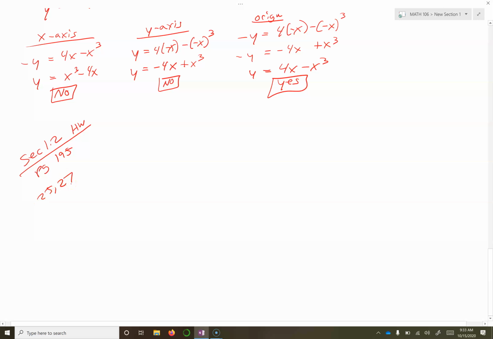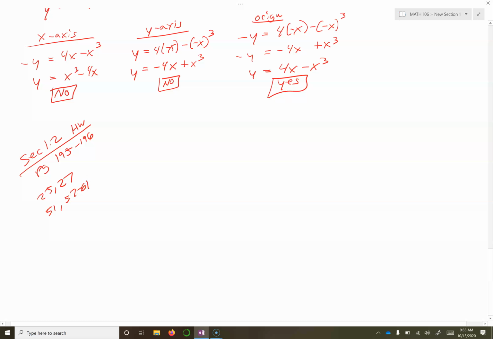They're going to be plotting using a table of values. It's pages 195 and 196. And then finding y-intercepts and x-intercepts will be problems 51 and then 57 to 61.